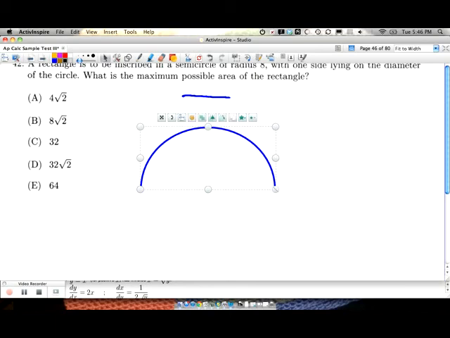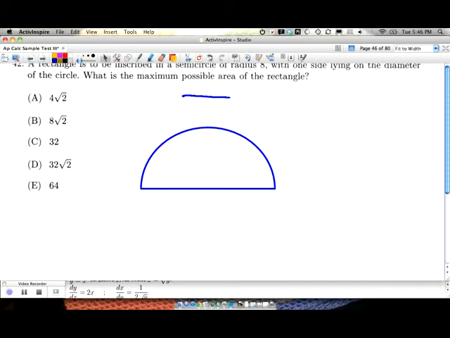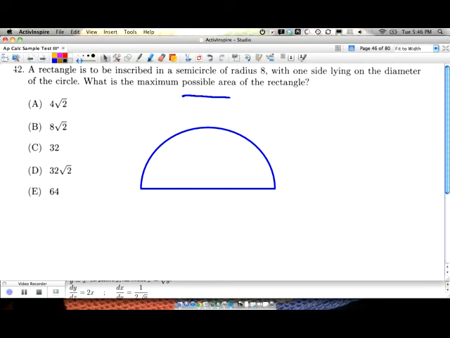Move this up. This semicircle is going to have a flat line underneath it. We know that it has a radius of 8. So that means from here to here, this is 8.